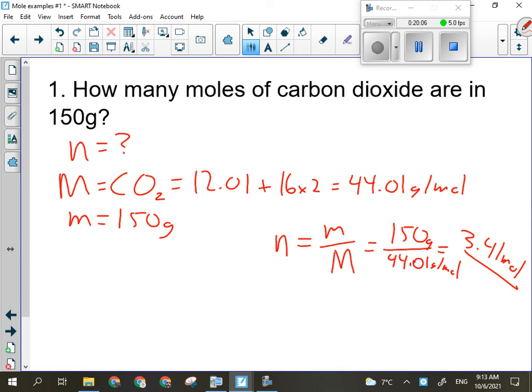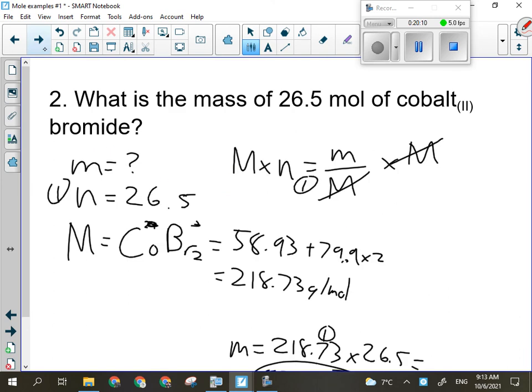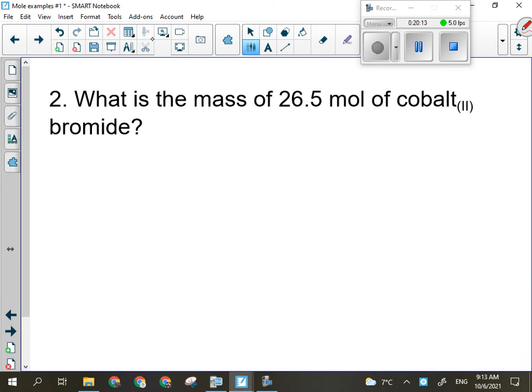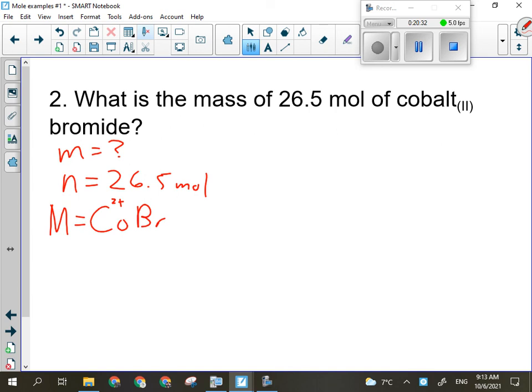All right, how many people have done the second one? Okay, let's look at the second one too then. Okay, so for our second one, we're looking for the mass. So we're looking for a little m of 26.5 moles, so that's N, of cobalt-2 bromide. So CO with the 2 plus charge, with bromine, which is a -1, so we're looking at COBr2.